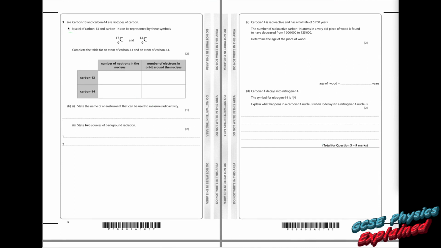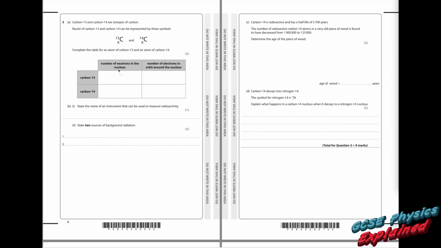Question 3. Carbon-13 and carbon-14 are isotopes of carbon. Nuclei of carbon-13 and carbon-14 can be represented by these symbols: 13, 6 and 14, 6. Complete the table for an atom of carbon-13 and an atom of carbon-14.